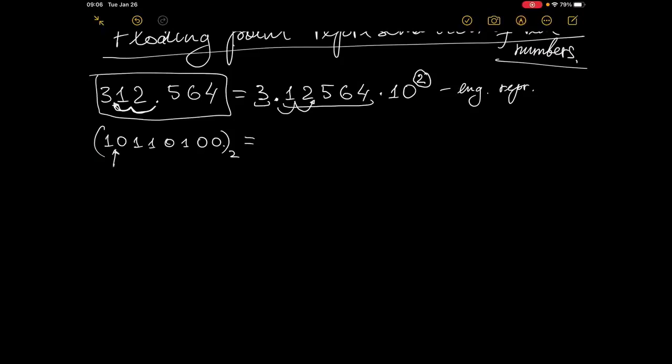So how many times do you need to do this? 1, 2, 3, 4, 5, 6, 7. So you can write that this is 1, 0, 1, 1, 0, 1, 0, 0 multiplied in binary by 2 to the 7th power, right? So it's an analog of engineering representation, just for the binary system.